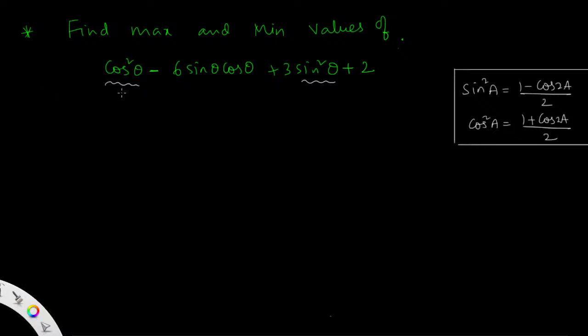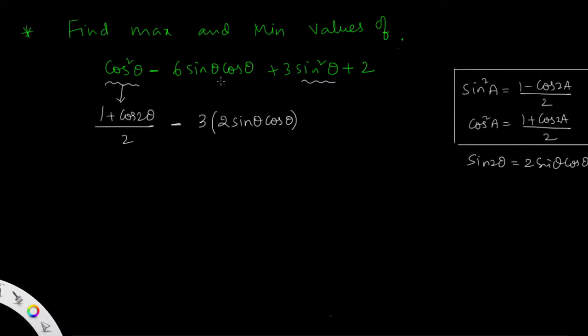So in this way, first you have to convert: cos square theta can be written as 1 plus cos 2 theta divided by 2, and then minus, I am splitting 6 as 3 into 2 sin theta cos theta. Why? Because sin 2 theta is the formula you know, that is 2 sin theta cos theta. That is why I am multiplying. 6 can be split into 3 times 2 into sin theta cos theta.